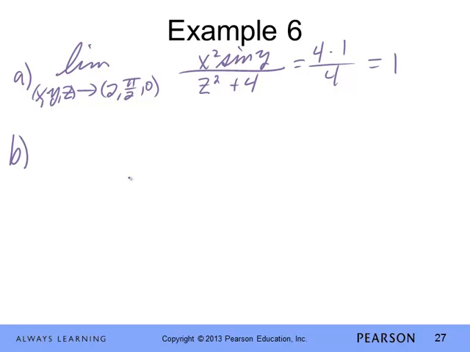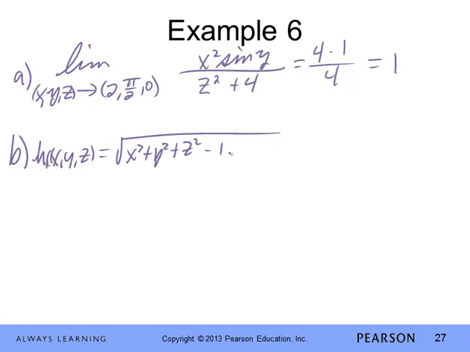B. Find the points at which this function h of (x, y, z) is equal to the square root of x squared plus y squared plus z squared minus 1 is continuous or not continuous.